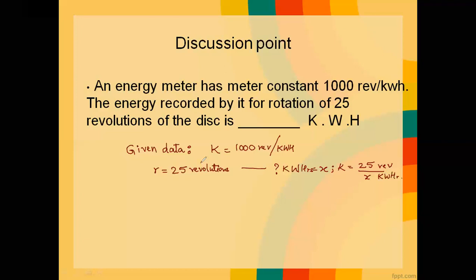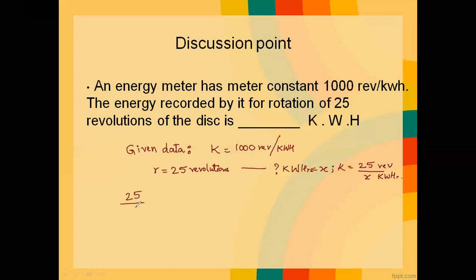So if you consider this condition, the meter constant should be 25 revolutions by x kilowatt hours. Whatever the number of revolutions, the meter constant should be the same. Hence, it is called a constant. So this 25 by x revolutions per kilowatt hour should be equal to 1000 revolutions per kilowatt hour. So, let us write the same.